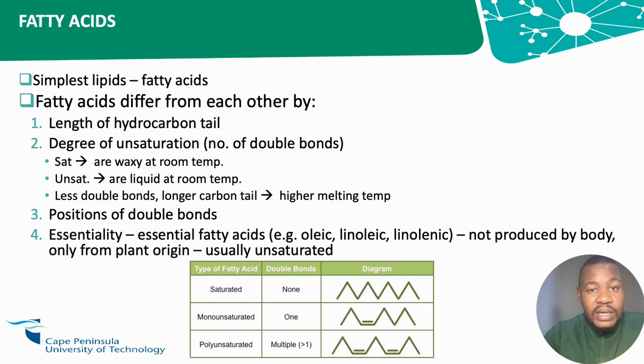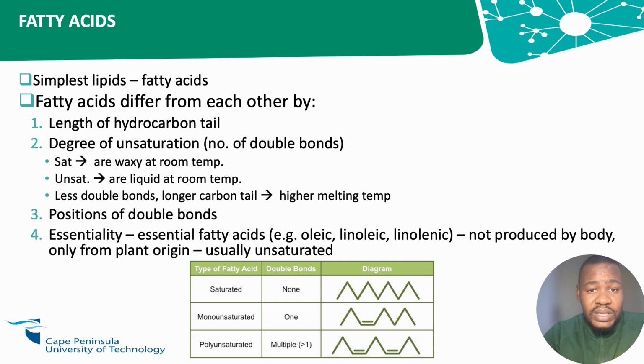Another factor is the degree of unsaturation, which refers to the number of double bonds present in the hydrocarbon chain. When we have fatty acids with no double bonds, we say these are saturated fatty acids, or saturated fats. On the other hand, if you've got one or more double bonds, we say these are unsaturated fats.